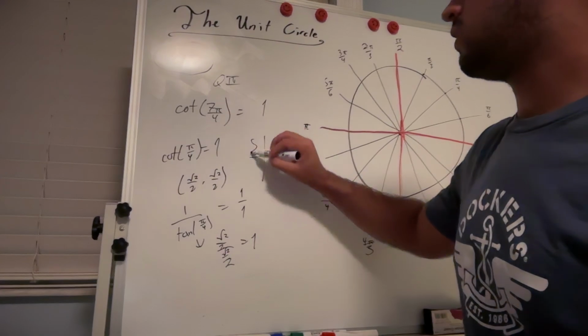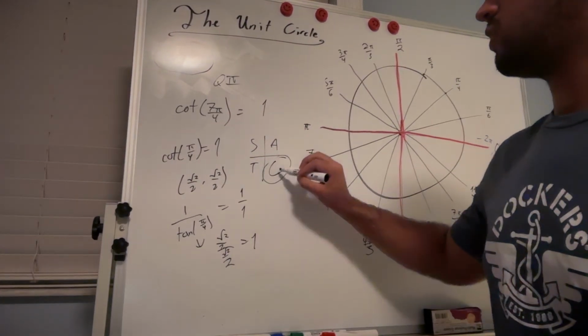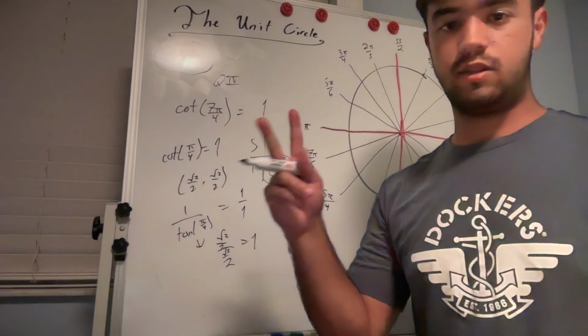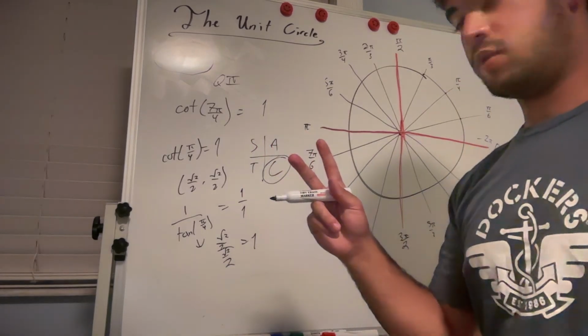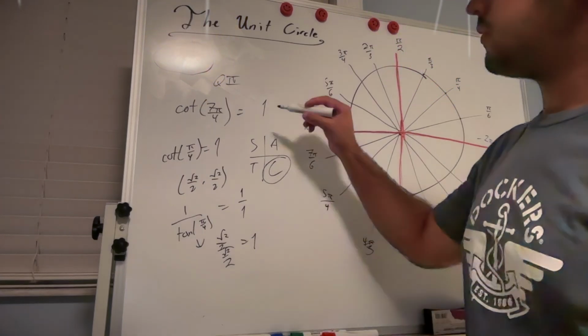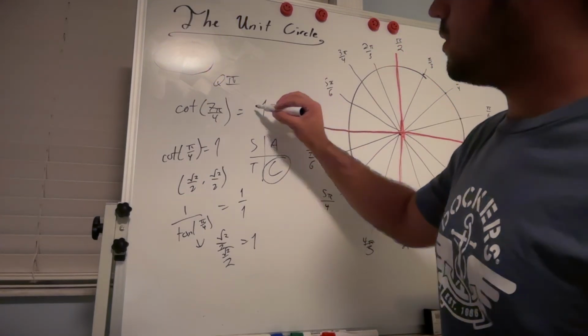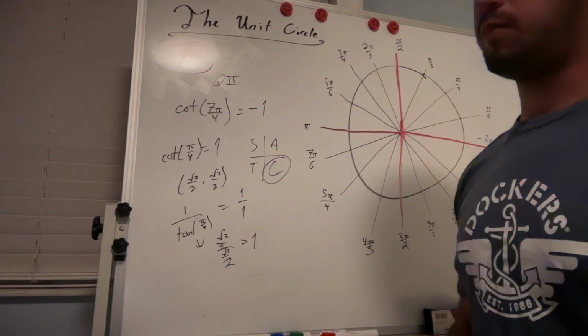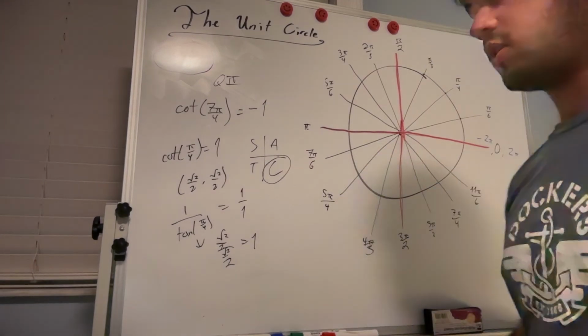And then in the fourth quadrant, we have C, which means cosine and secant are positive, not tangent or cotangent. Therefore, our answer has to be -1. And that is how you use the unit circle.